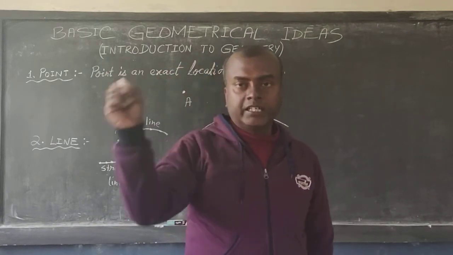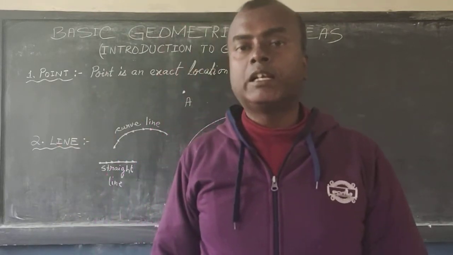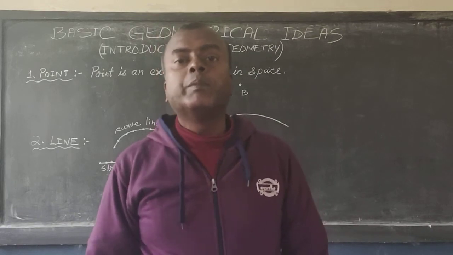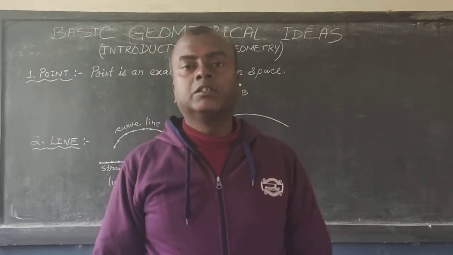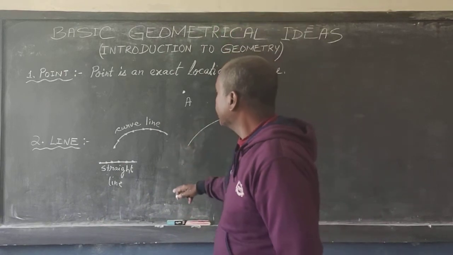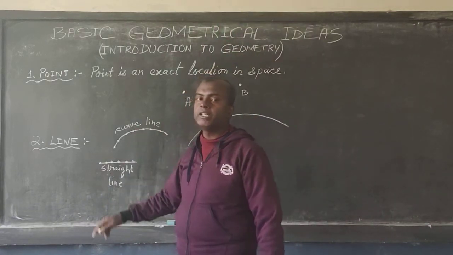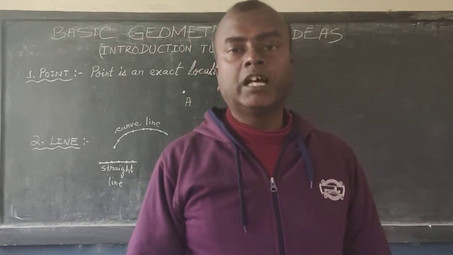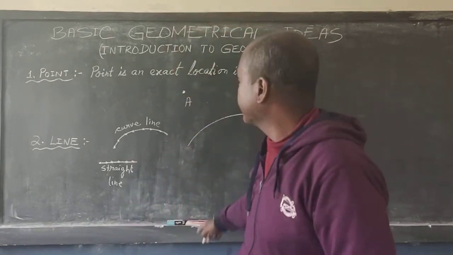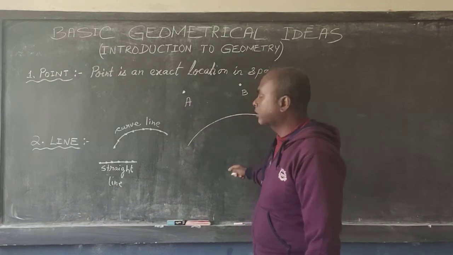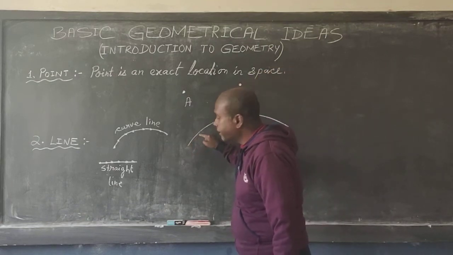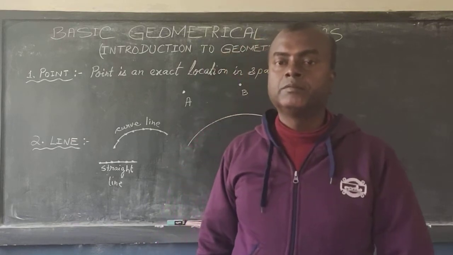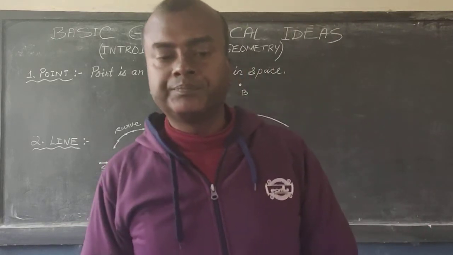So you can think of the line that you are writing on the paper as made up of many points. A line can be thought of as made up of an infinite number of points. Each line consists of many points. Like the line that I have drawn with chalk consists of so many particles of chalk powder. Each particle is a point.